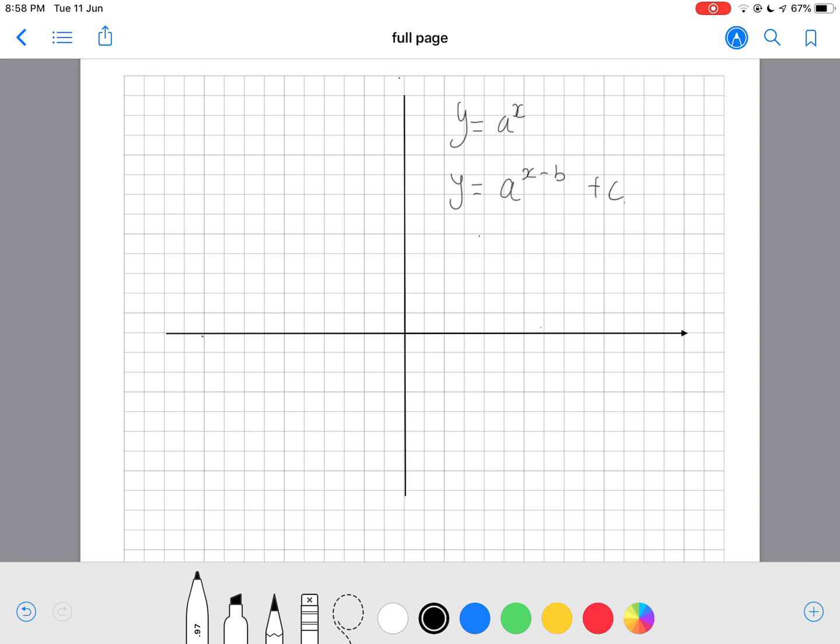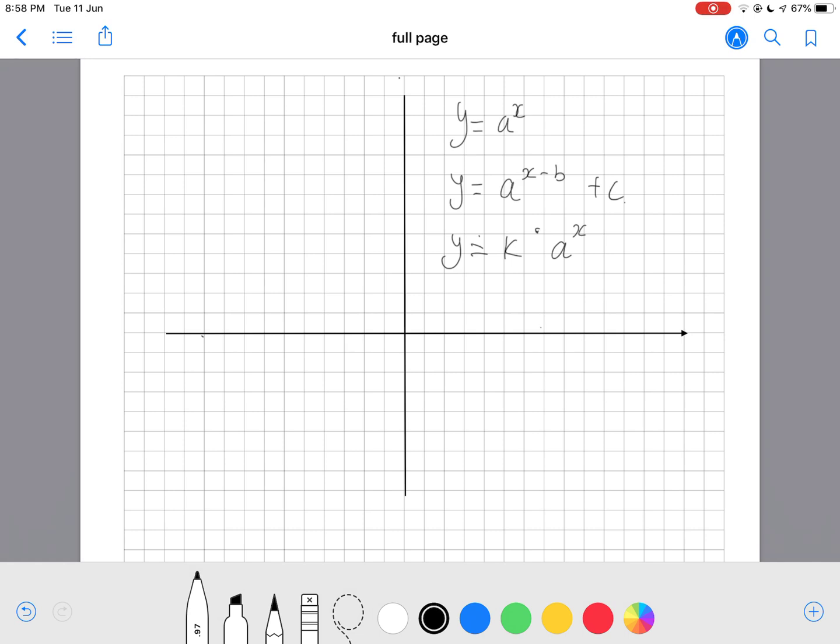Once again, b is how much has been shifted right or left, and c is how much has been shifted up and down. Or we can also say that y equals k times a to the power of x. Depending on what type of exponential they give you, either of these equations will work out just fine.